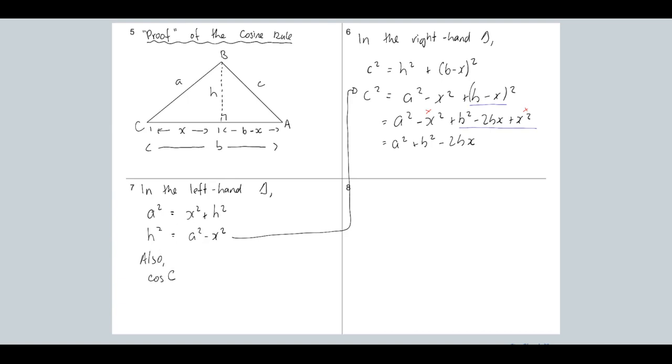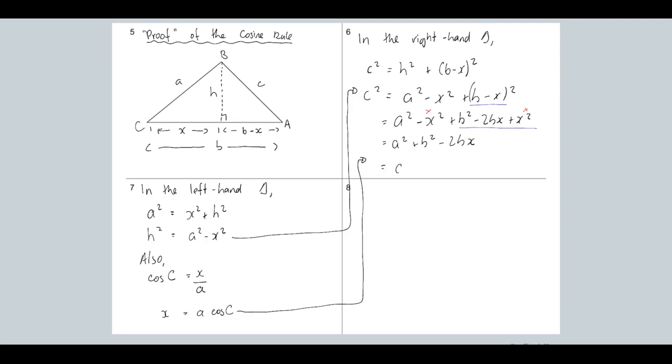The cosine of C is equal to adjacent over hypotenuse, x over a, which means that x is equal to a cos C. And now I'm going to take that and substitute it in for x.